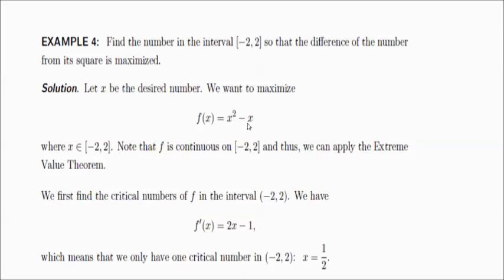So ito yon. So tama ba? So the difference of the number, which is yung x, from its square. So tama siya. From, so ibig sabihin, mauna yung x square. And then difference, yung minus sign. Okay? So, continuous yung values natin for x sa given interval.